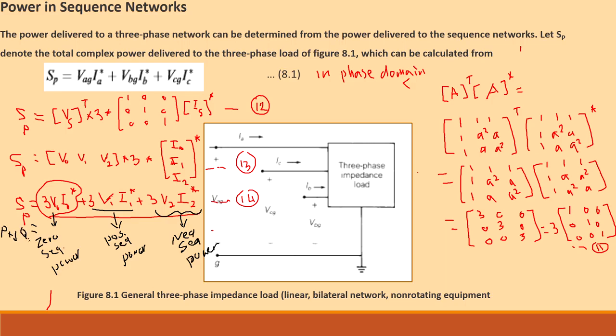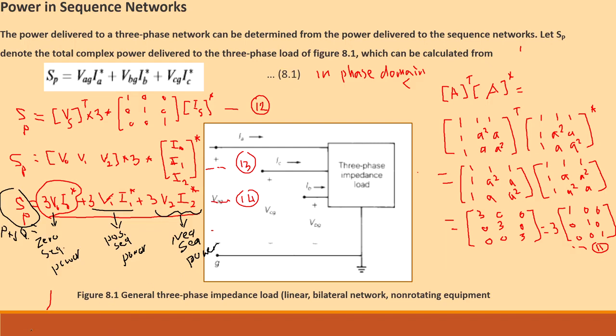As we see, we can calculate the apparent power of the three-phase system by means of the sequence components of the voltages and by means of the sequence components of the currents.